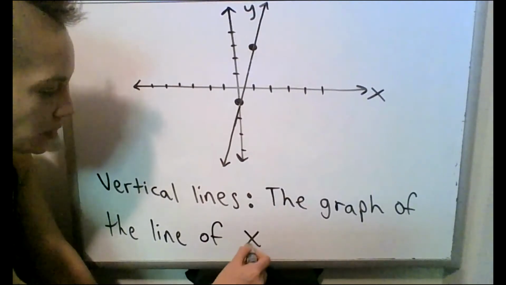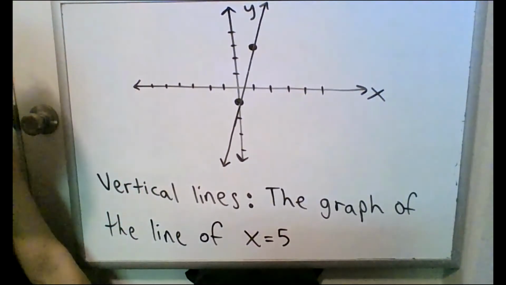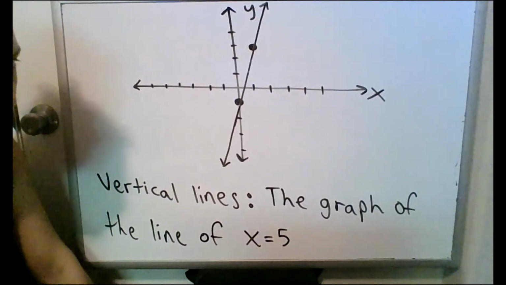So we're going to use x equals 5, but it can be x equals any number. It is the set of all points with an x coordinate of 5.